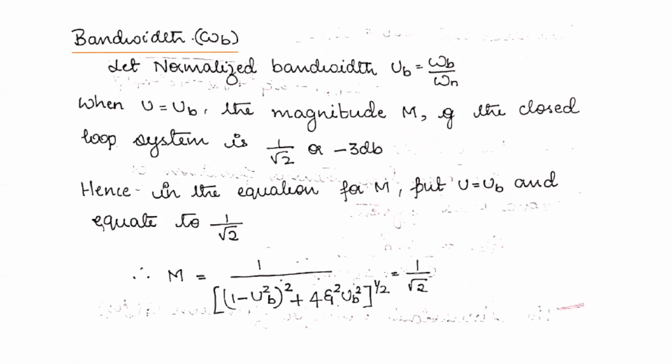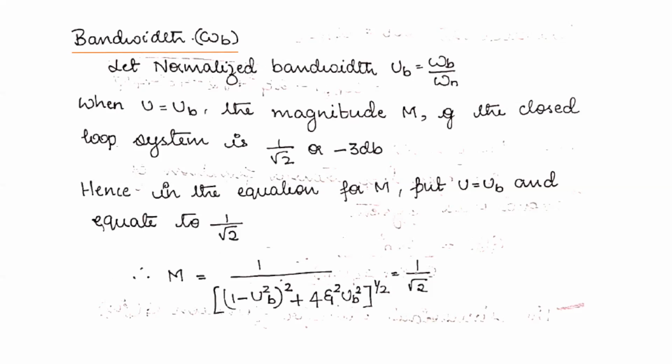Then what is omega n? You remember, omega n came in the time domain analysis, along with zeta. All those values were in the time response. Omega n represents the natural frequency of the system.